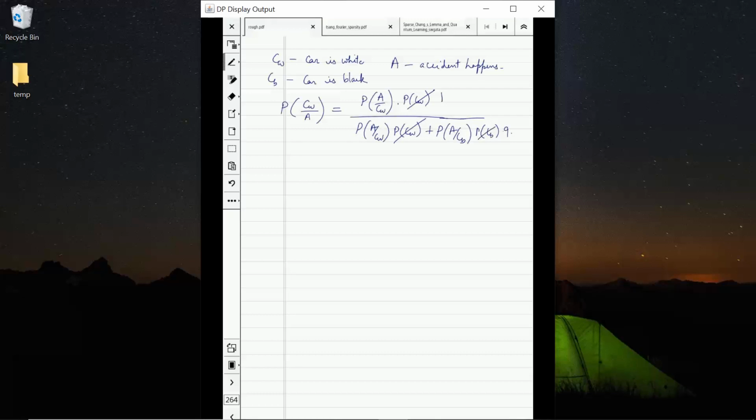Similarly, we know that the probability of A given CW is 5 times the probability of A given CB. That means a white cab is 5 times more likely to be involved in an accident. So you can say 5, 5 and 1. So this gives me 5 upon 5 plus 1 into 9, that is 5 by 14.